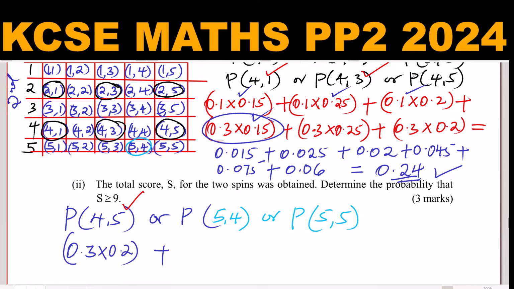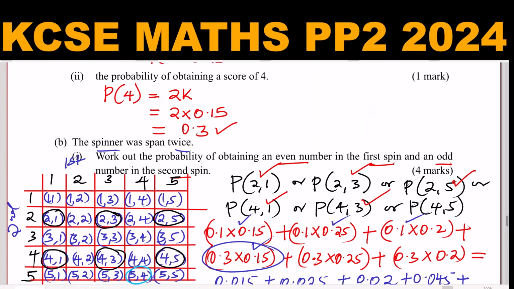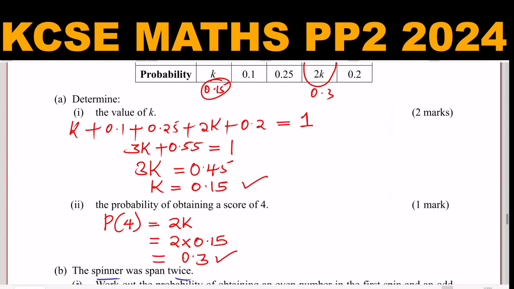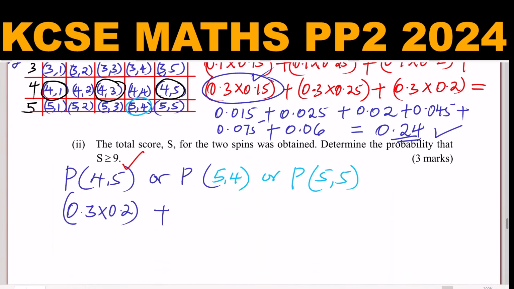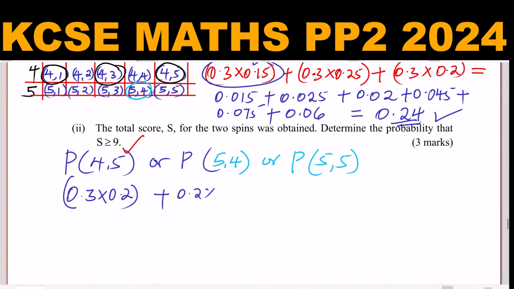Now let's go to the other one. Probability of getting a 5 and a 4. The probability of getting a 5 from the table is 0.2, and then a 4 is 0.3. Then the next one, probability of getting a 5 and a 5: 0.2 times 0.2.